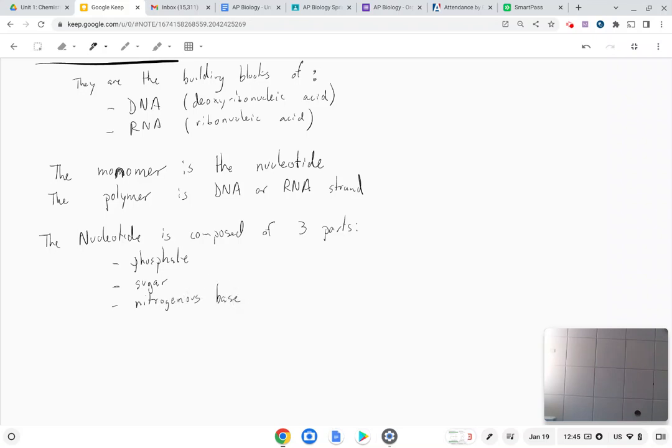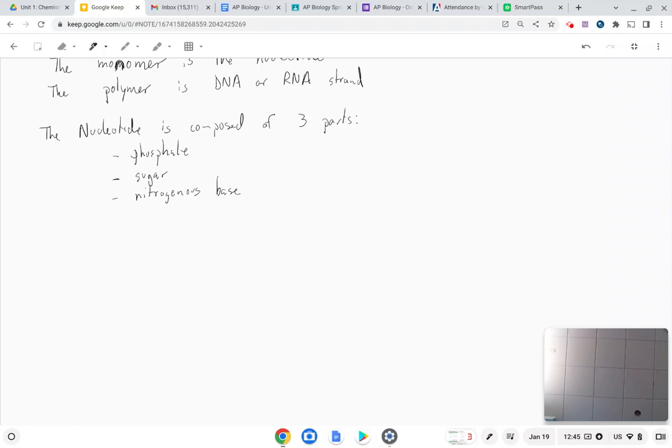And it looks like this. I want you to think of a little house, okay? There's a house. Off of the eave of the house is a sun. And then off of the other eave of the house is a garage. The house is the sugar. The garage is the nitrogenous base.